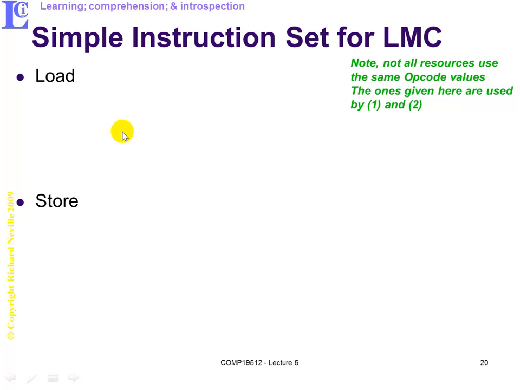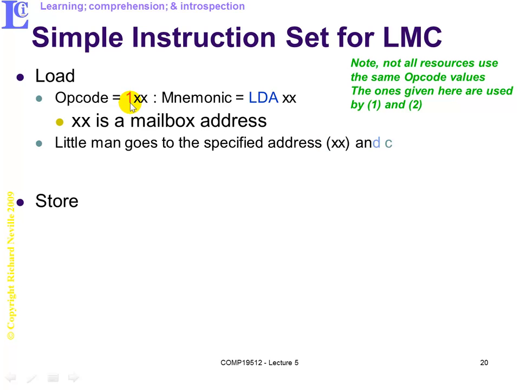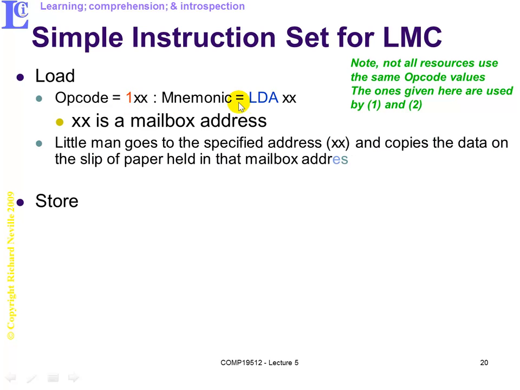Now let's look at these simple instructions one at a time. We're going to look at the first 2, load and store. Load is the machine-understandable numeric value 1 and the human-understandable LDA, for load.